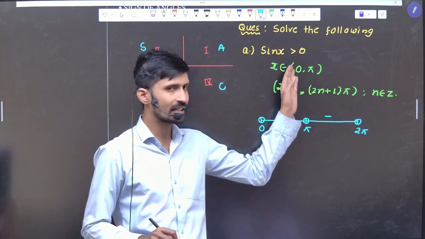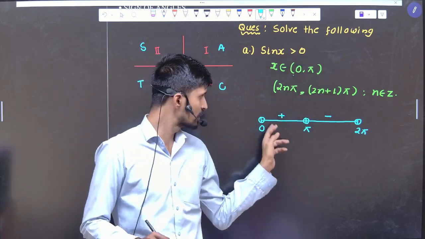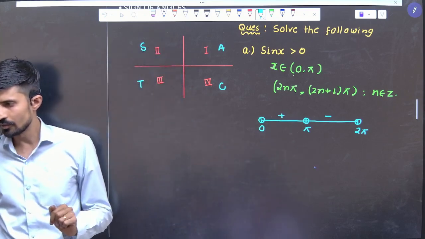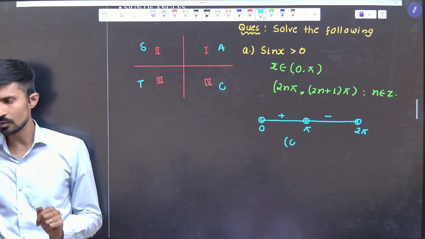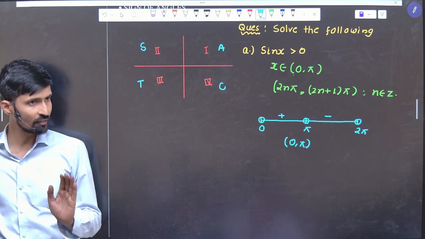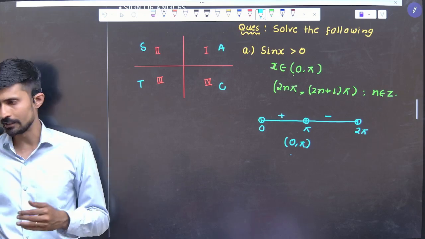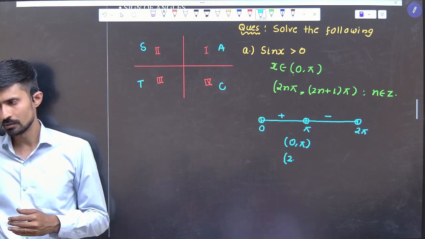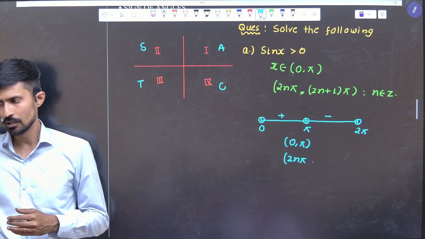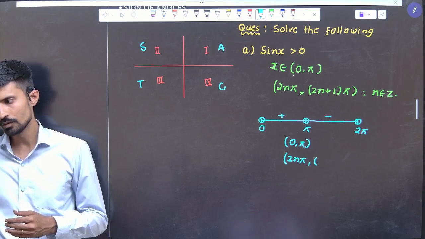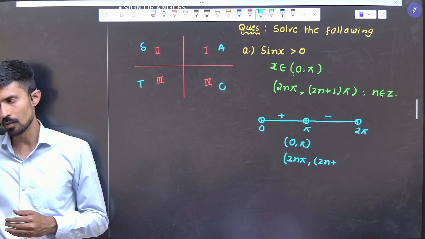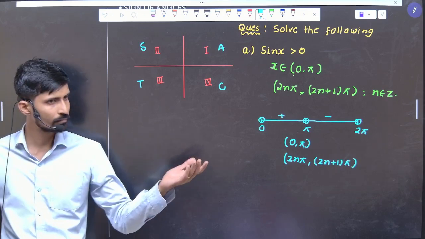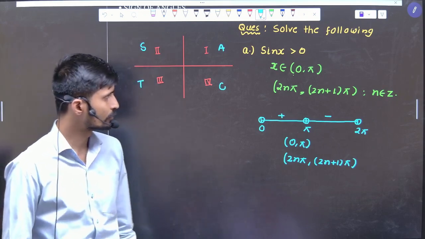Greater than 0, which means positive. Where is positive? 0 to pi. So you'll write open bracket 0 to pi. After getting this, we will add 2n pi to (2n plus 1) pi. Done. Write it down.